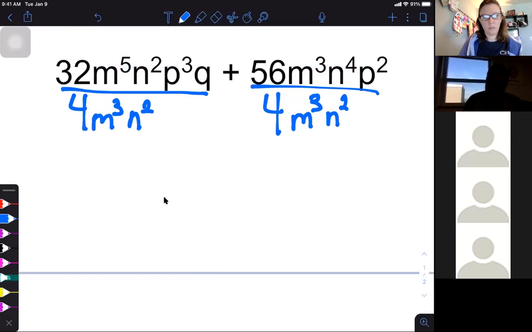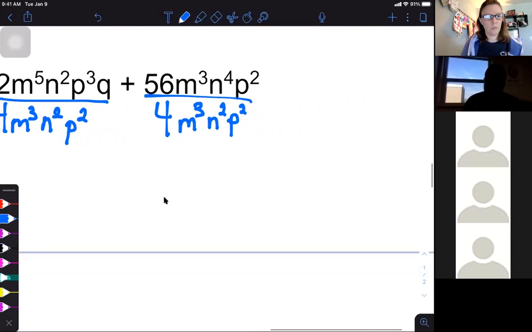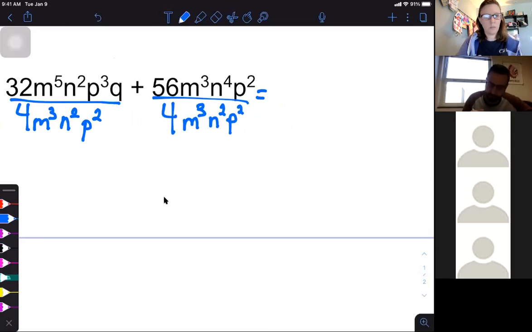And then for my P's, P to the second. Good. And then how about the Q's? None. Good. Great answer. So I'm going to rewrite this as 4m cubed n squared p squared.